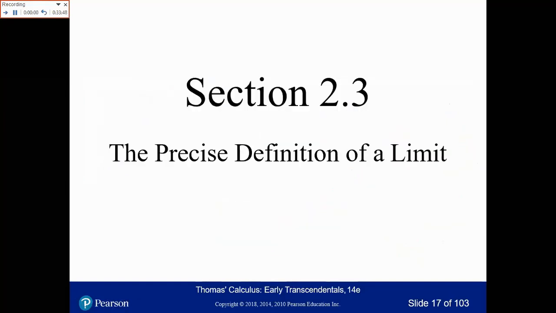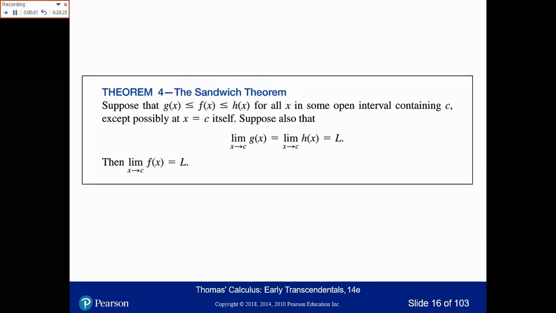So let's go over here. That's it. What we have is, let's take a look at this. It says limit of G of x as x goes to C equals limit of H of x as x goes to C equals L. Then our conclusion is what?